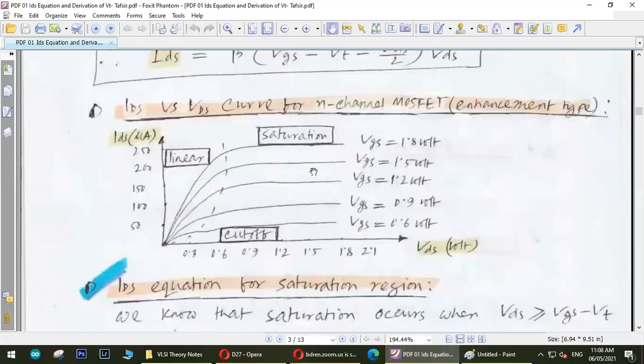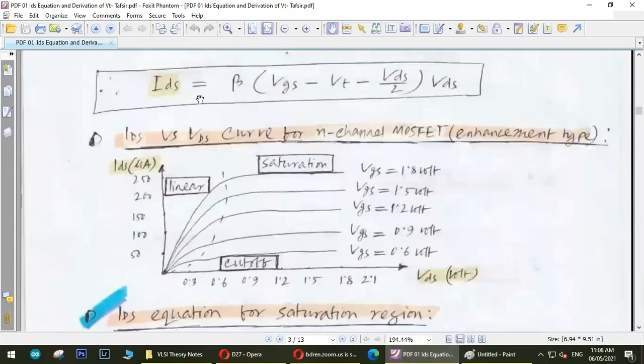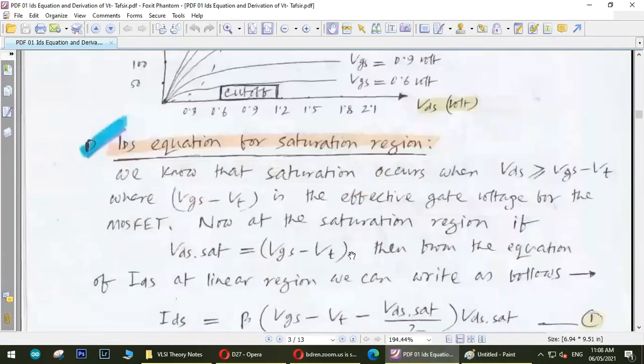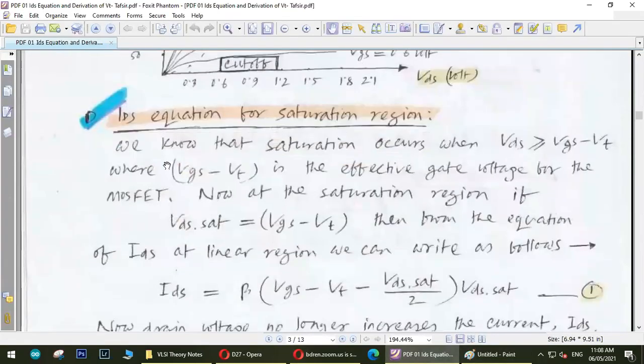Okay. How? See, IDS is equal to beta times VGS minus VT minus VDS by 2, into VDS. So we will put VDS equal to VGS minus VT. We know the saturation occurs when VDS is more than or equal to VGS minus VT, where VGS minus VT is the effective gate voltage for the MOSFET.